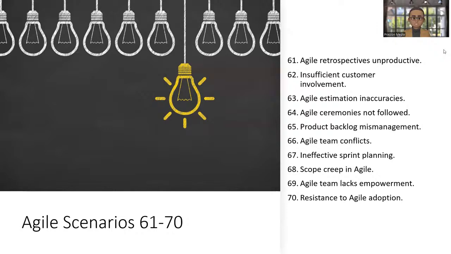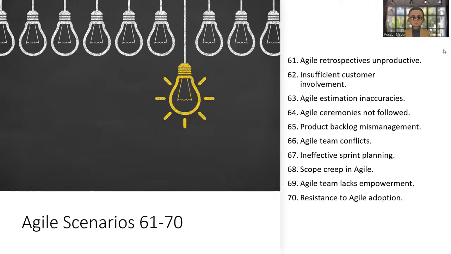What do you do if the Agile team is experiencing conflicts, or if there's ineffective sprint planning? What about scope creep? Is that possible in an Agile scenario? What do we mean by scope creep in Agile? And who should nip that in the bud?